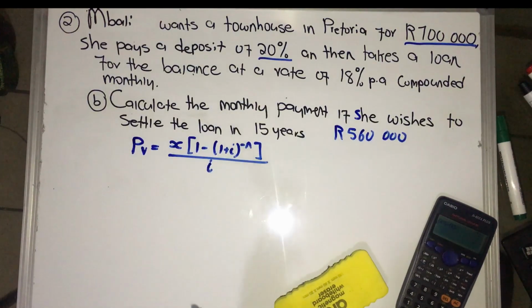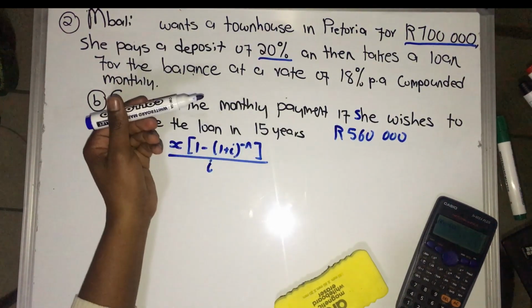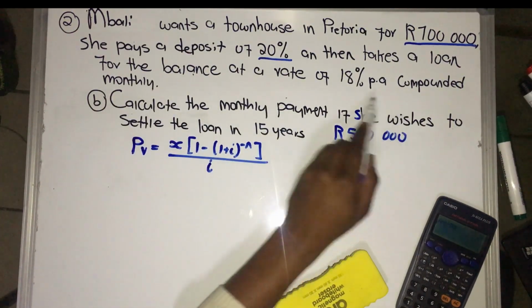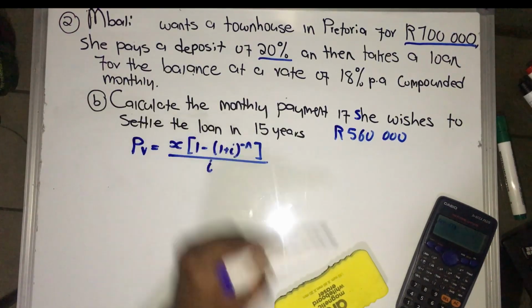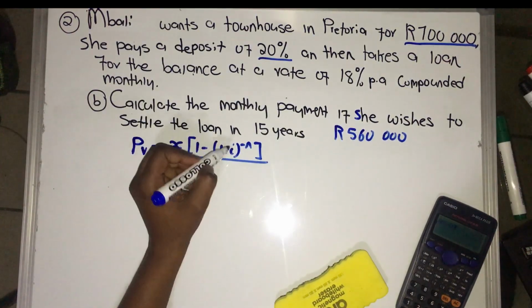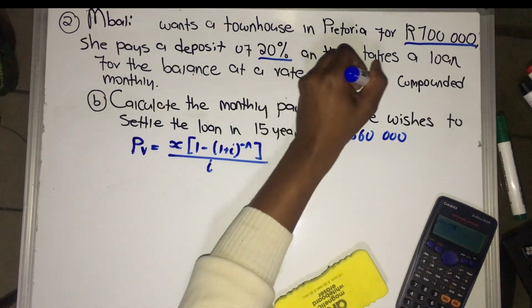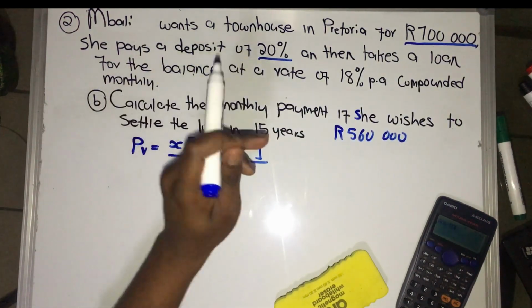In this case, is it going to be years? Is it going to be months or quarters? So how do we answer that question? We look at what the interest is compounded at. It's compounded monthly, so this has to be number of months. Again, even the interest, we need to divide it by 12 because this is 18% per year. So if it's compounded monthly, how many months do we have in a year?